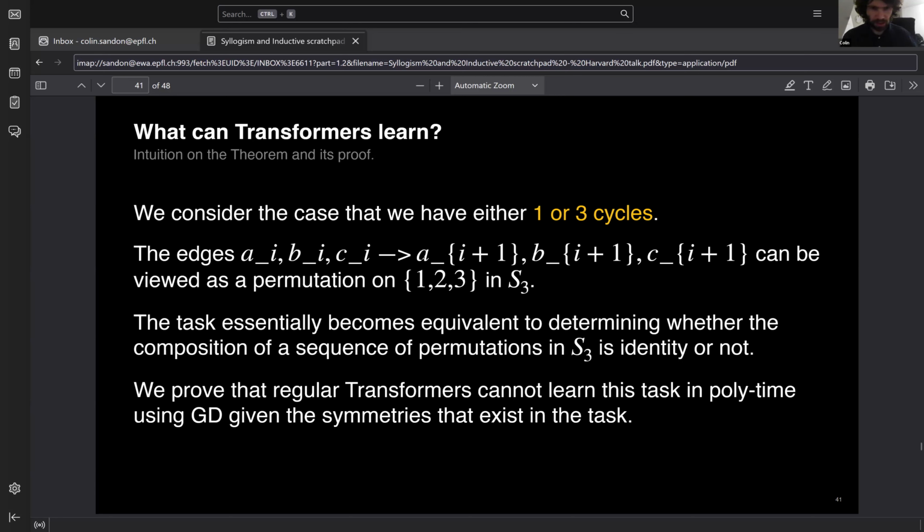In particular, we allow for any given i and j, there exists a permutation of input bits, which essentially switches the permutation corresponding to how the i vertices link to the i plus 1 vertices, and the permutation listing how the j vertices link to the j plus 1 vertices.